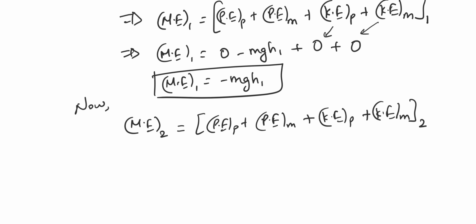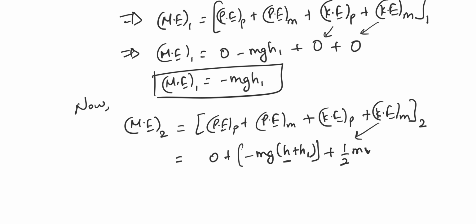The potential energy of the pulley is again 0, plus minus mg(h plus h1), since the mass has fallen by an extra height h. The kinetic energy of mass m is half mv square, plus half I omega square, which is the kinetic energy of the pulley.